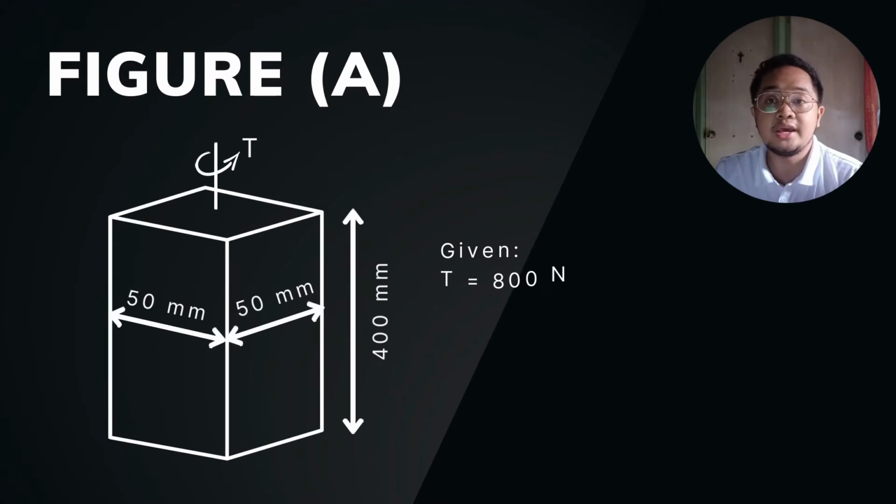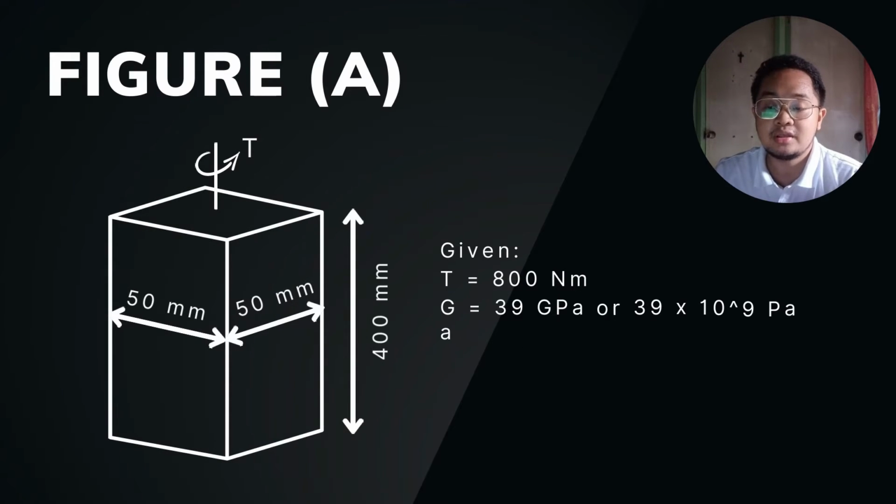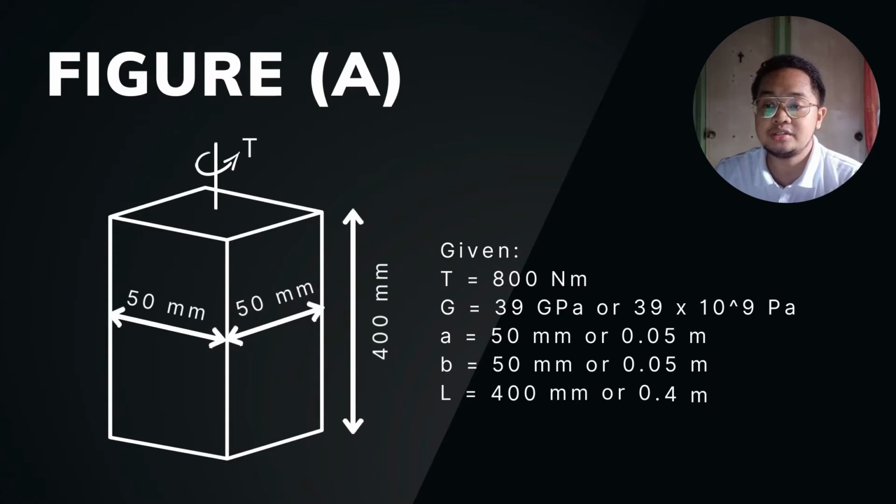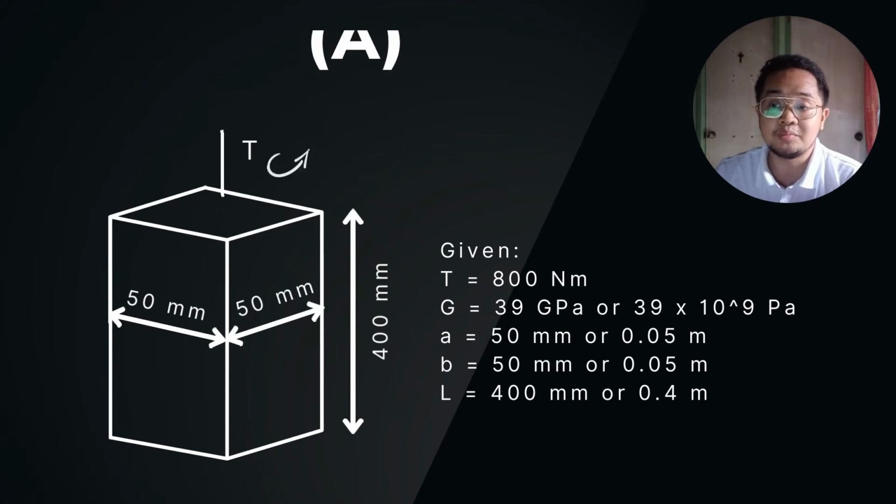First, we have figure A and its corresponding dimensions. These are our givens. T equals 800 Newton meters, G equals 39 gigapascals or 39 times 10 to the power of 9 pascals, A equals 50 millimeters or 0.05 meters, B equals 50 millimeters or 0.05 meters, and lastly, L equals 400 millimeters or 0.4 meters.